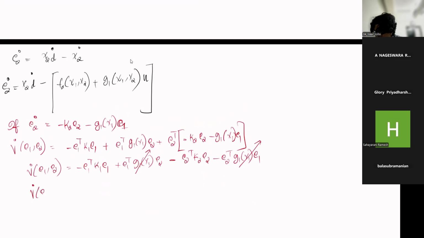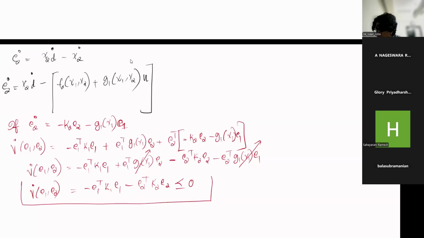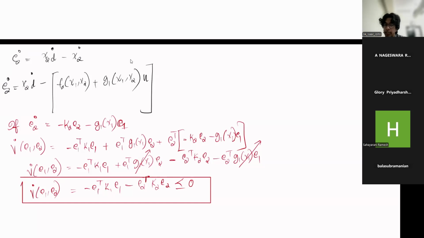Now your V dot E1 comma E2 will become minus E1 transpose K1 E1 minus E2 transpose K2 E2. So this term is always going to be less than 0, irrespective of whether E1, E2 is positive or negative or a combination of positive and negative, doesn't matter.